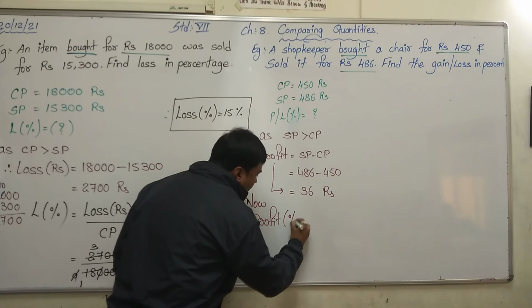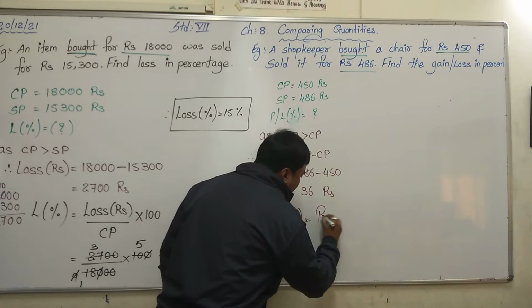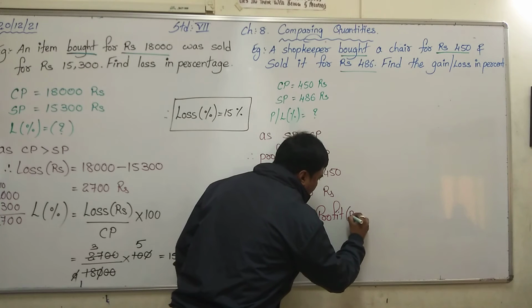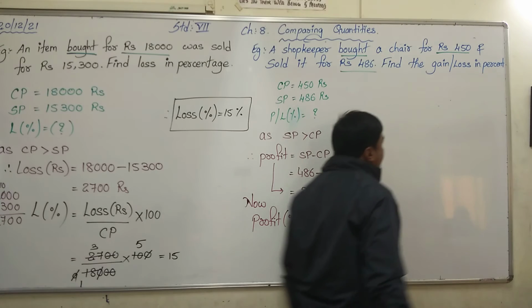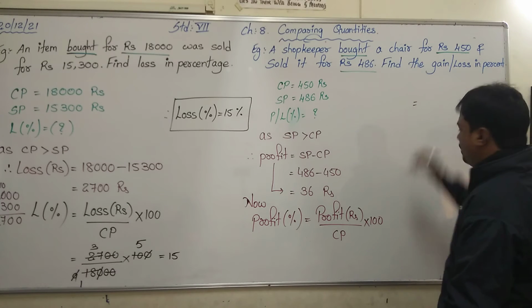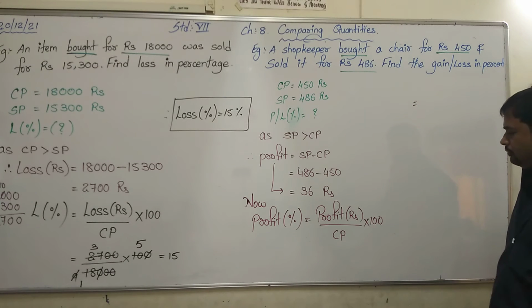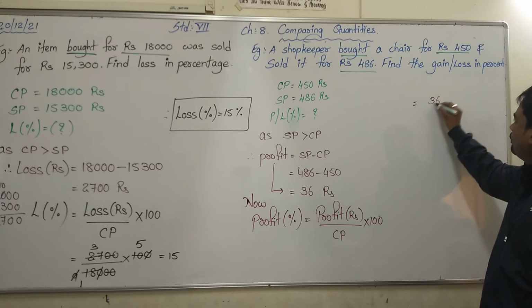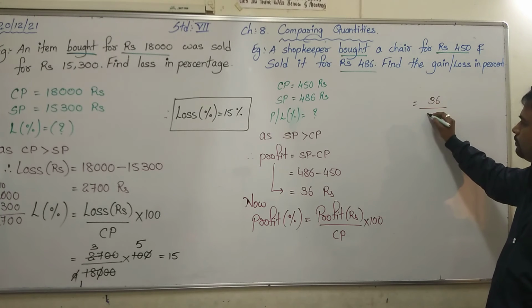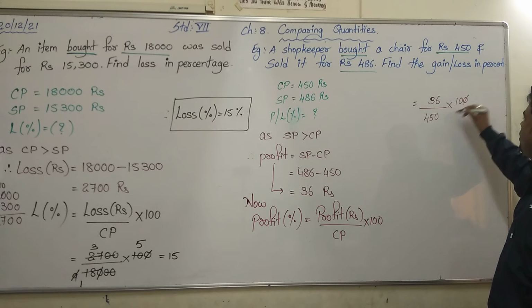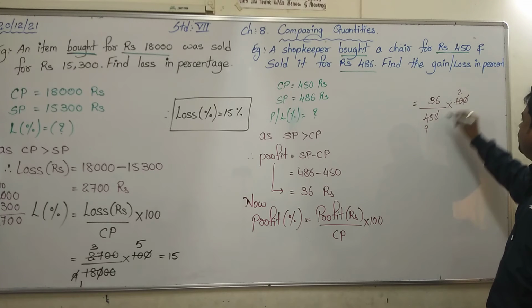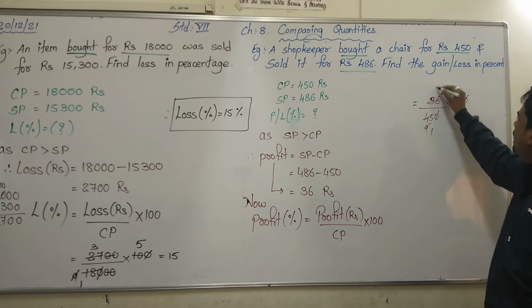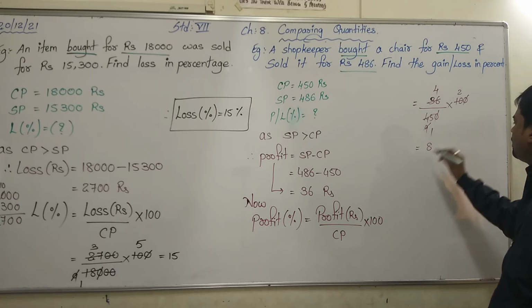Profit in percentage is equal to profit in rupees upon CP multiplied by 100. So that is equal to 36 upon 450 multiplied by 100. 0 0 cancel. 5 9s are 45, 5 2s are 10, 9 1s are 9, 9 4s are 36 and 4 2s are 8.